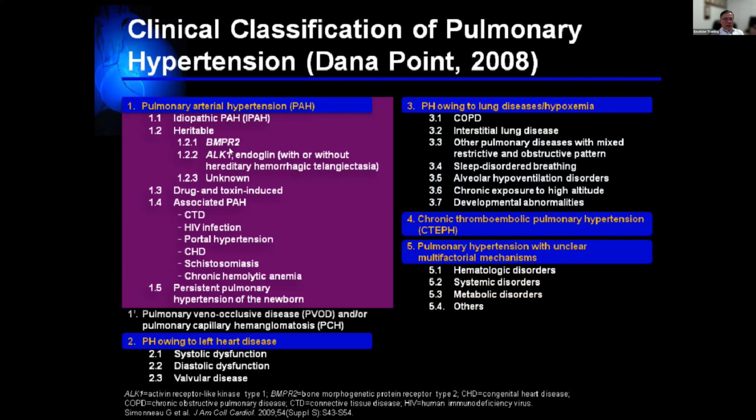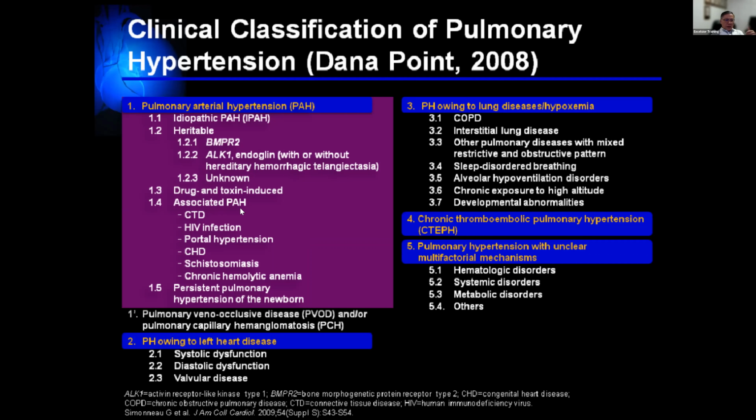This is a bone morphogenetic protein. Or the potassium channel modification can also lead to development of pulmonary hypertension. Drugs. In the past, the weight loss pill fen-phen is well known for causing pulmonary hypertension.